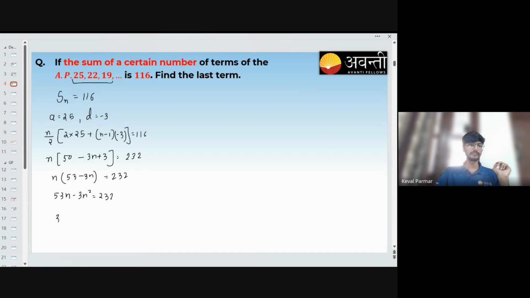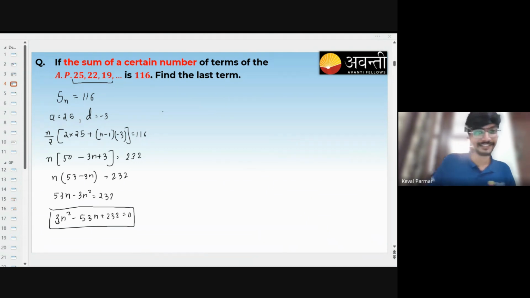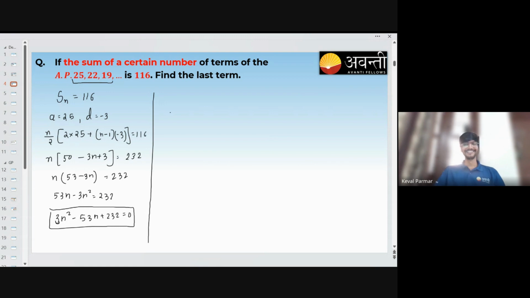Now, this is your work, to give me the factors. Minus plus 232 is equal to 0. So, this is the equation: 3n square minus 53n plus 232 is equal to 0. Can you guys give me the factors? In calculation I think you can help, right, because I am very weak in calculation.